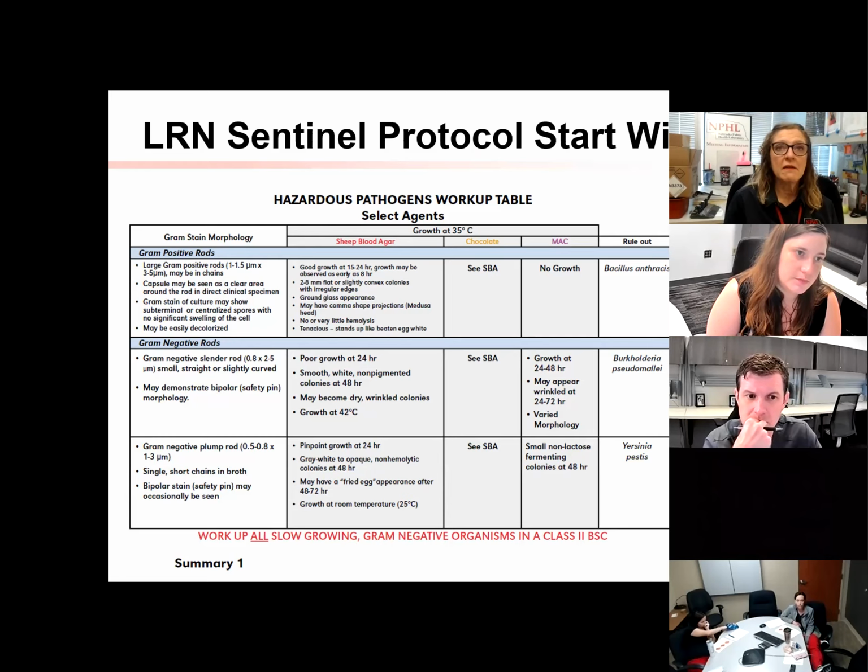So if your computer program, whatever you use for your LIS, does not have the patient's symptoms on there or notes from the doctor to give you a clue or hint, you need to talk to your IT because it usually can be programmed in.